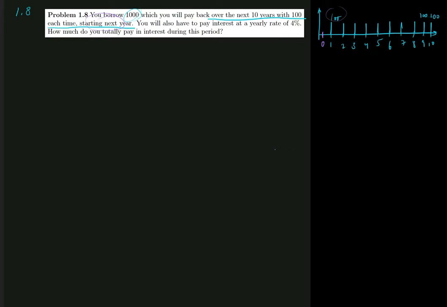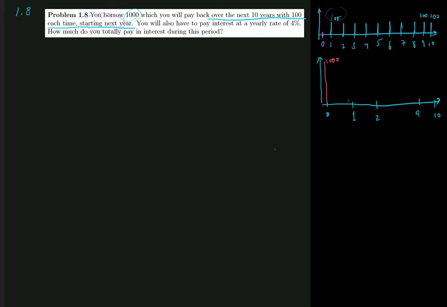Now, it's never really free to borrow money in this world, so you also have to pay an interest. How does the interest part work? Well, it works like this. At time 0, so let me just draw 1, 2, and then here we have 9, 10. At time 0, how much do you have left to pay back of the loan? Well, you've just borrowed the 1,000, so you have 1,000 left.